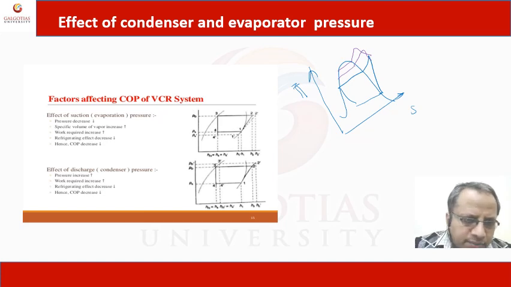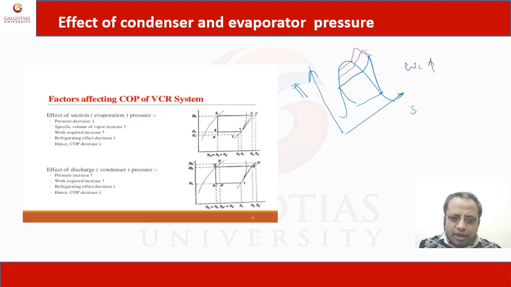So if we increase the pressure at the condenser side, the compressor work will be more. We need to provide more compression work to maintain the high pressure. And this is our refrigeration effect; when we increase the pressure, the refrigeration effect slowly decreases.